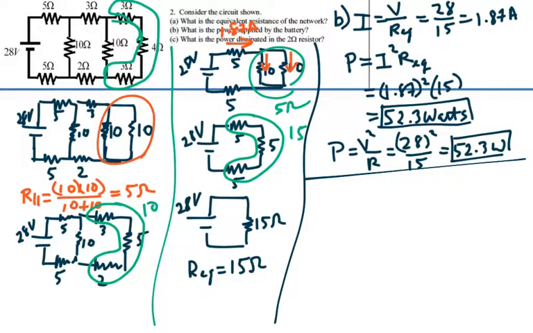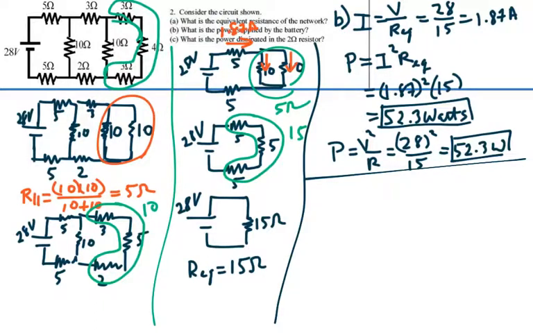And we could do current division, opposite resistor over the sum of the resistances times the current coming in. But if you did that, you would find that the current would split evenly over these two branches. So the current that's going into each branch is half of 1.87.